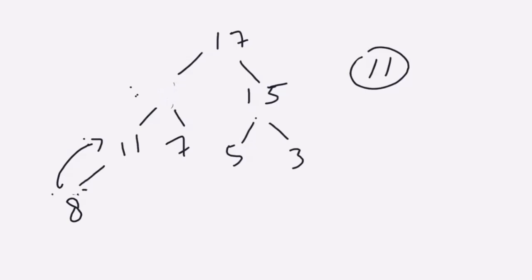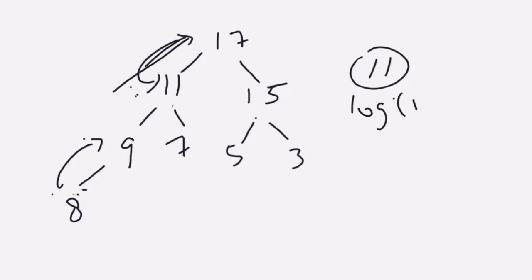So now 11 will come here and 9 will come here, so 9 and 11, and now you see that the parent is greater. You do not swap, you don't do anything, and this helps you insert the element in O(log n) time.